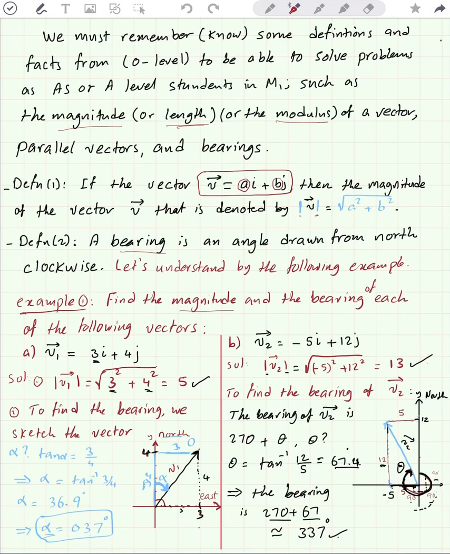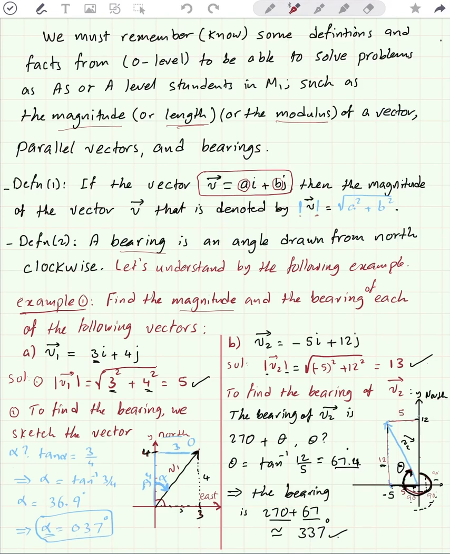Mainly we must remember the magnitude, or the length or the modulus of the vector, parallel vectors, and bearings. What do you mean by parallel vectors, and how do you solve problems with them? Mainly we'll finish this for today, to continue soon, the day after tomorrow inshallah, with the left parts in chapter 6 of vectors.